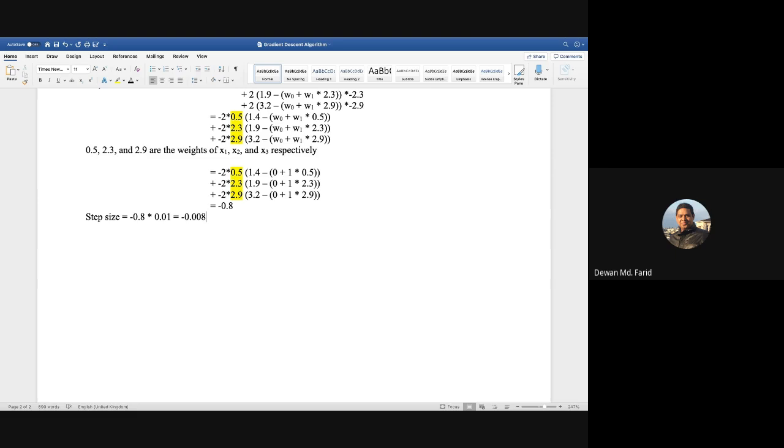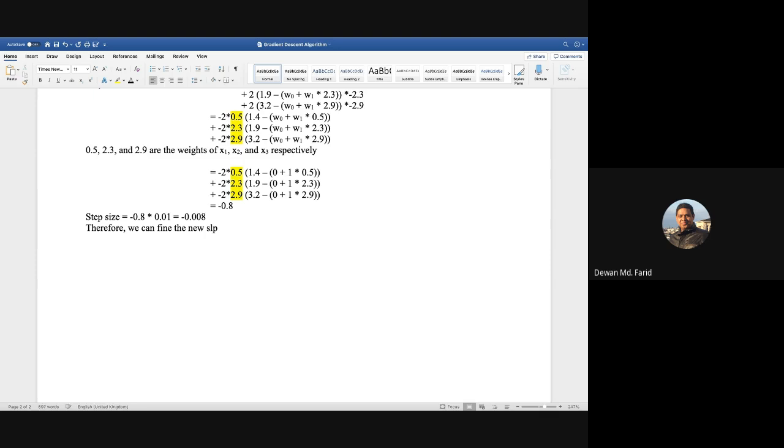So we can find the new slope. Therefore, we can find the new slope, right? What do you say?